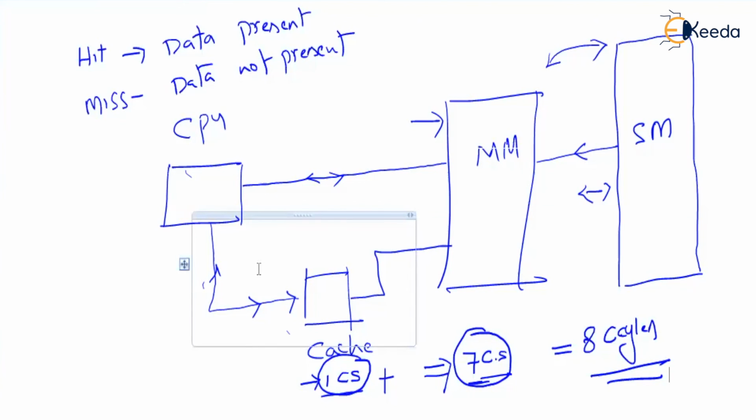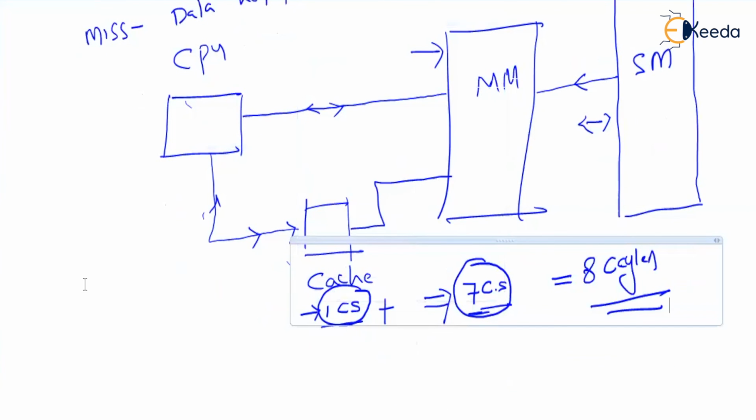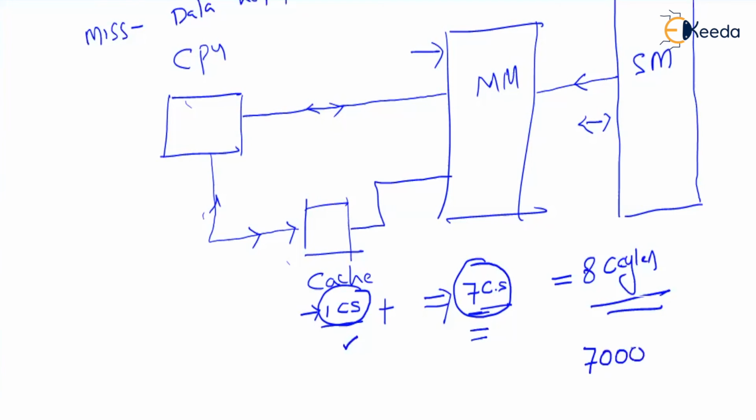Now let us see why CPU doesn't access the secondary memory directly. You know that all it takes is 1 clock cycle to access the data element from the cache. All it takes is 7 clock cycles to access the data element in the main memory. Now, if you want to access the secondary memory for the same data element, if it is not present in the main memory, the data element may take 7,000 clock cycles. You can clearly see what a waste of time it is.